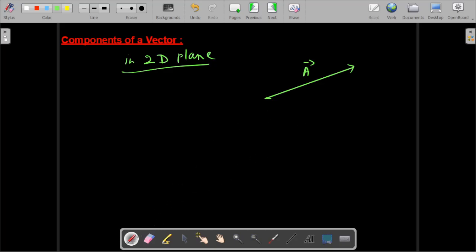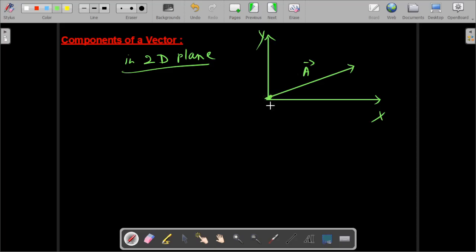Suppose this is in the xy plane. This vector starts from the origin of an xy frame. This is the x axis and this is the y axis.